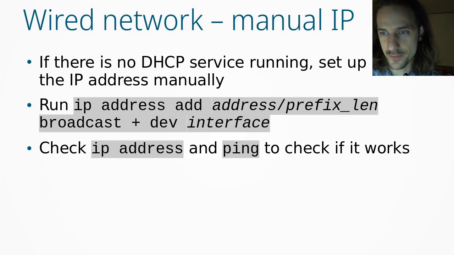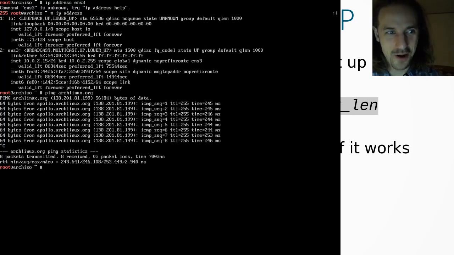So let's take a look at our QEMU here, and let's type in ip address add, and I will want to use maybe 10.0.2.120, and I will also use the 24-bit subnet mask.